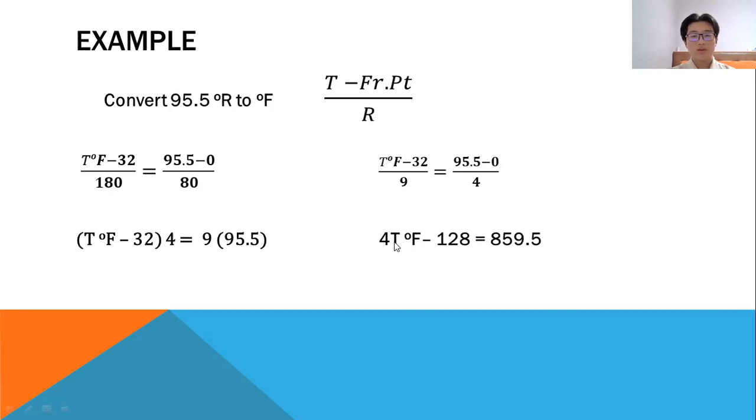Then we get 4 times degrees Fahrenheit minus 4 times 32, which is 128, equals 9 times 95.5, which is 859.5. Then we add 128 and divide by 4.